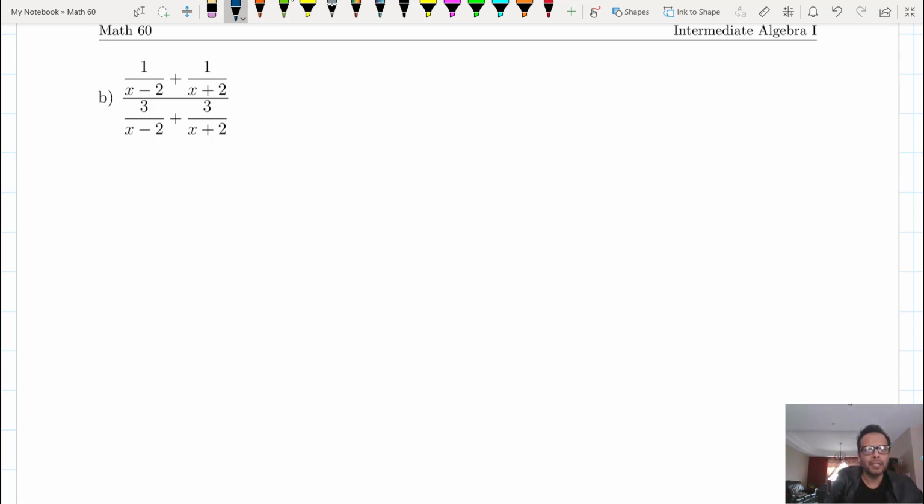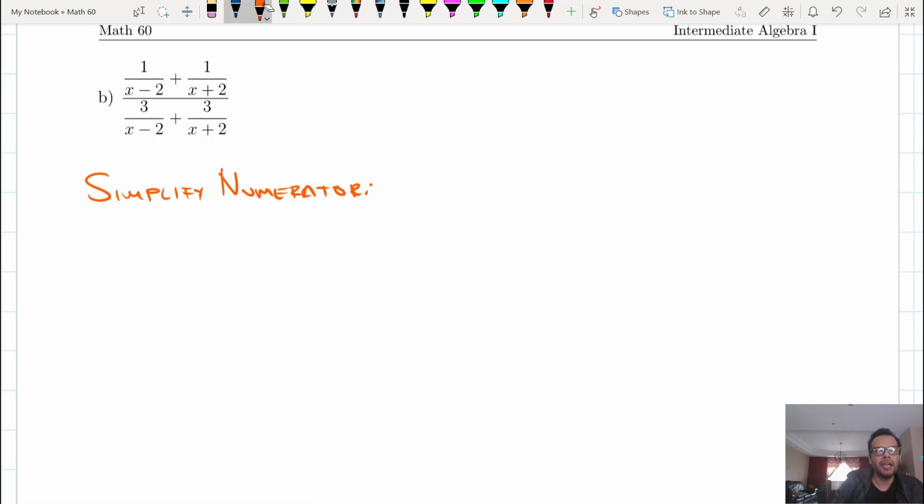So let's simplify the numerator. Copy this down.